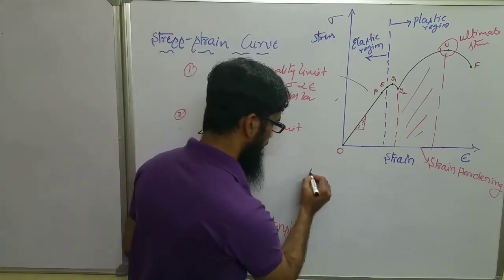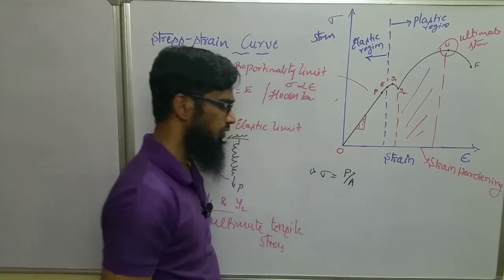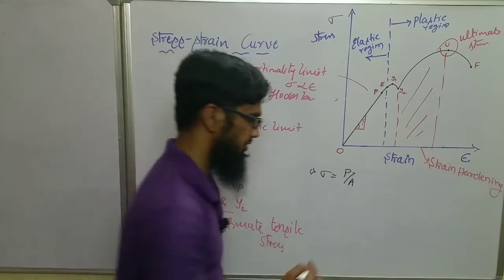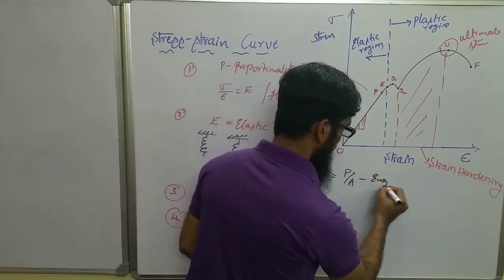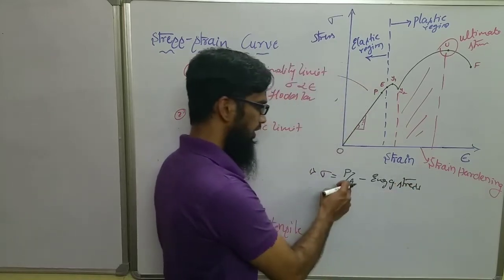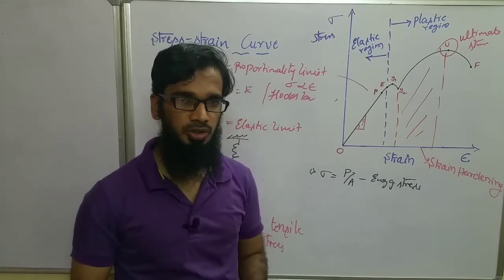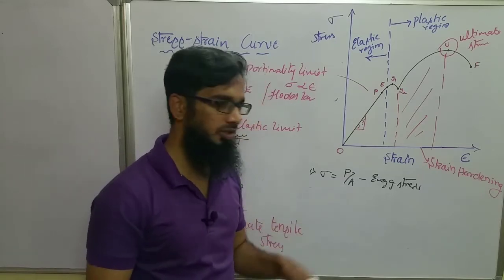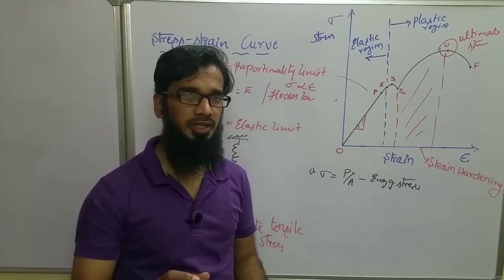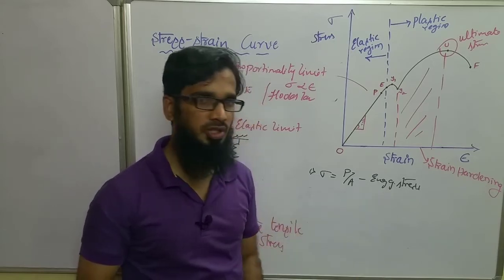One is sigma equal to P by A, which is generally called the engineering stress, where A is the area of cross section. For calculation purposes we take this area as constant, the original cross section, so it is called engineering stress.